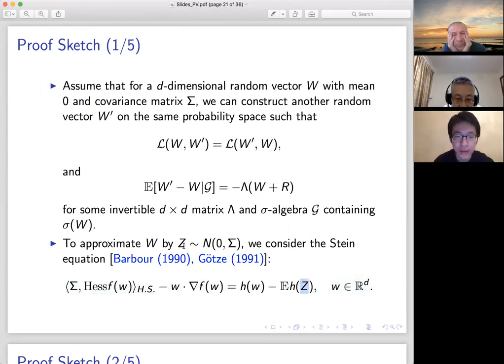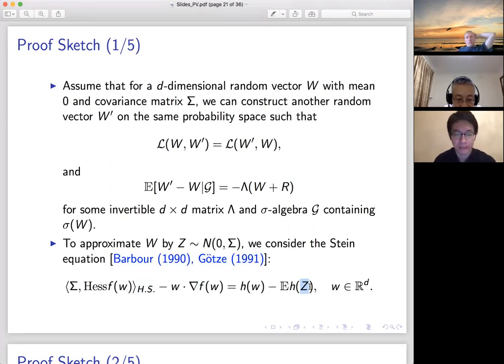Here Z is a multivariate normal, w dot gradient f is the inner product, and the sigma Hessian Hilbert-Schmidt inner product is like the inner product of two d by d matrices. It may look very strange, but it was motivated by considering the left-hand side to be the generator of some diffusion process with Z being the stationary distribution.